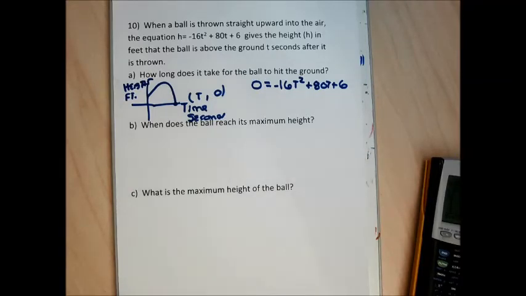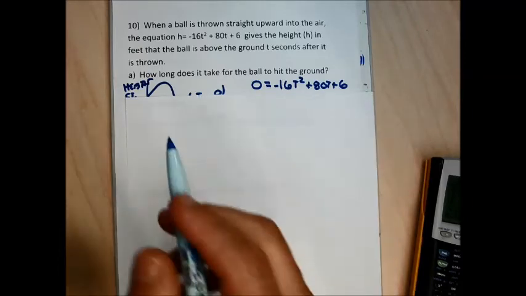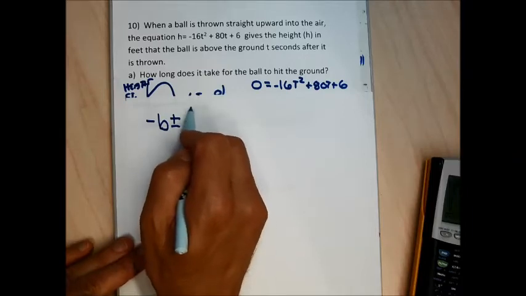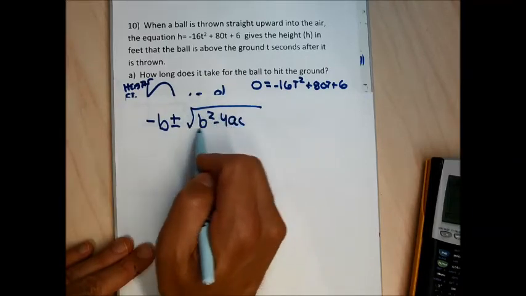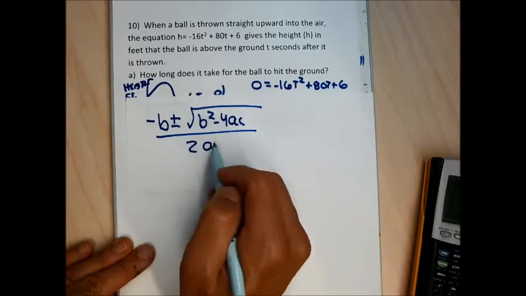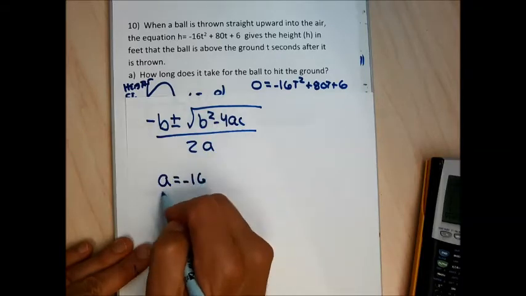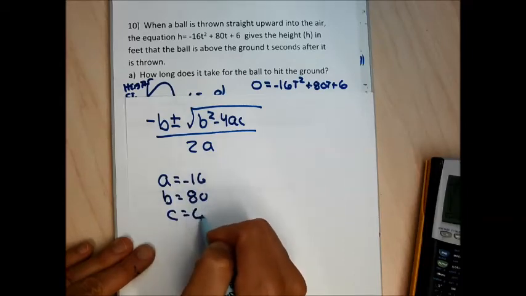And I have a tough time doing the quadratic equation, so I'm going to be super patient. For my quadratic equation, which is -b plus or minus the square root of b squared minus 4ac all over 2a, I'm going to plug in for a, -16, for b, positive 80, and for c, positive 6.